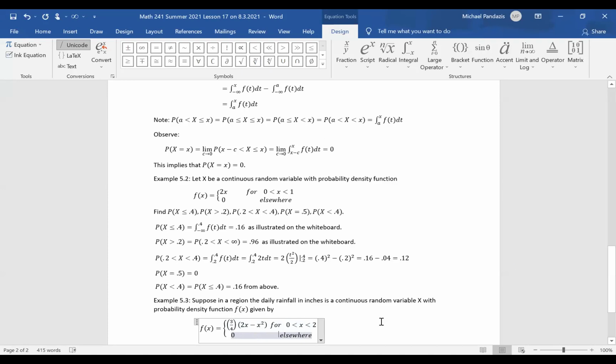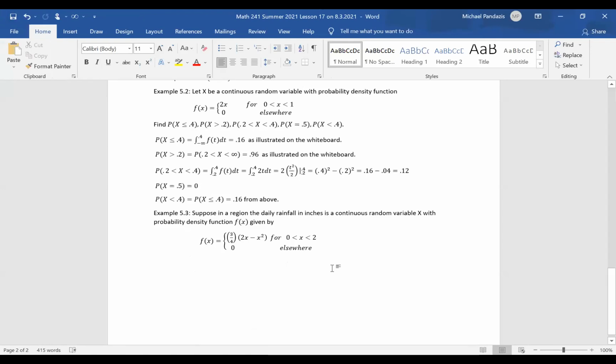Okay, so we have daily rainfall in inches, the value of that continuous random variable capital X, and this is the PDF.